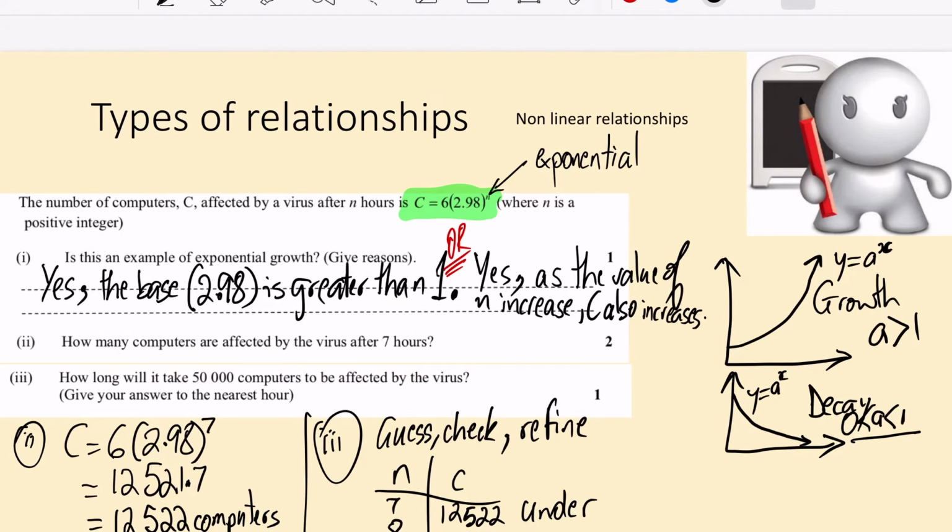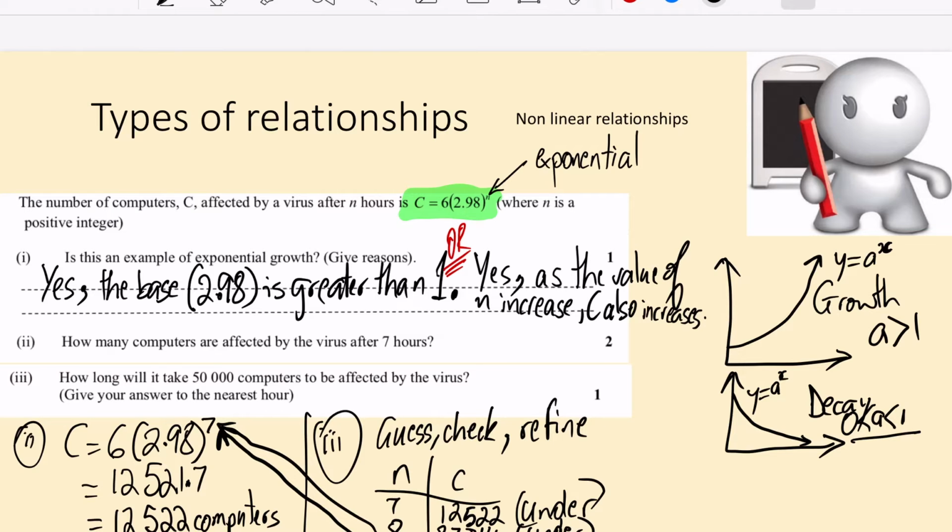When we substitute 8 into the value of n, what we're going to get is 37,314 computers. Once again, that's still under the 50,000 that they are asking us. So we refine it and guess up. Our next guess is n equal to 9, and when we do that, we get 111,198. Now that's way over.